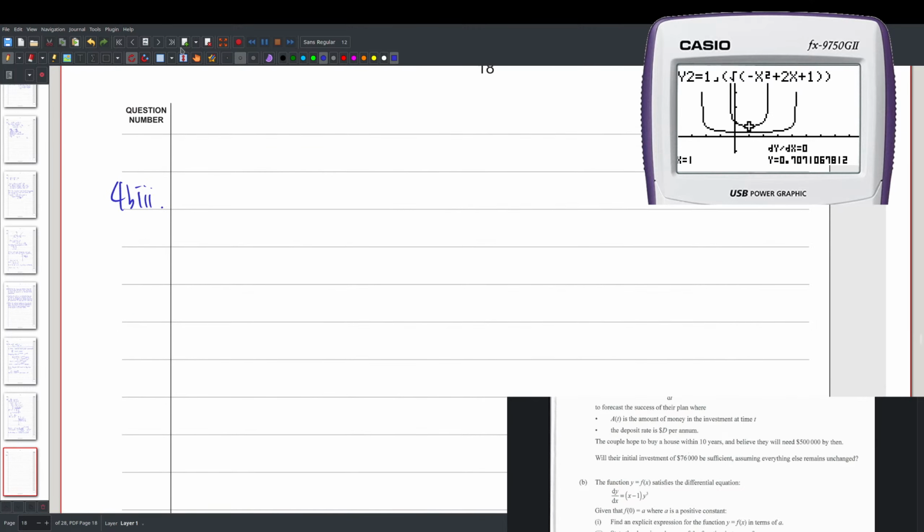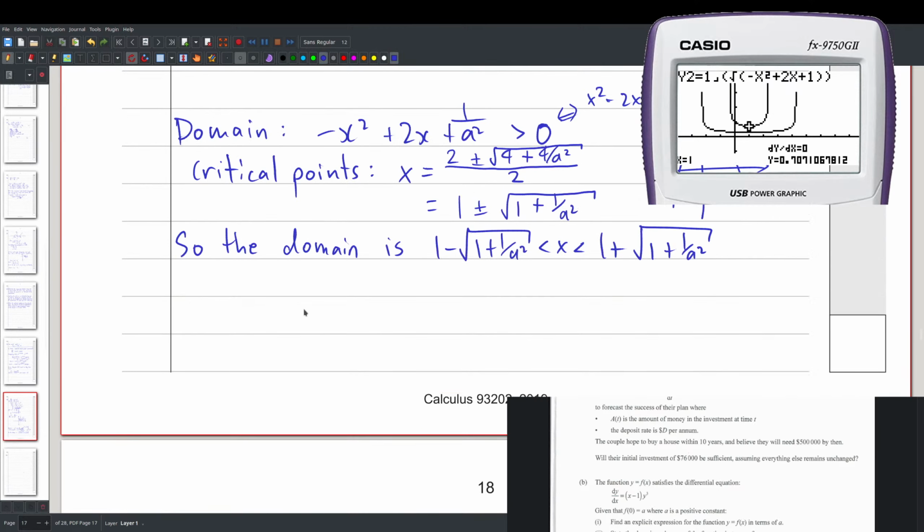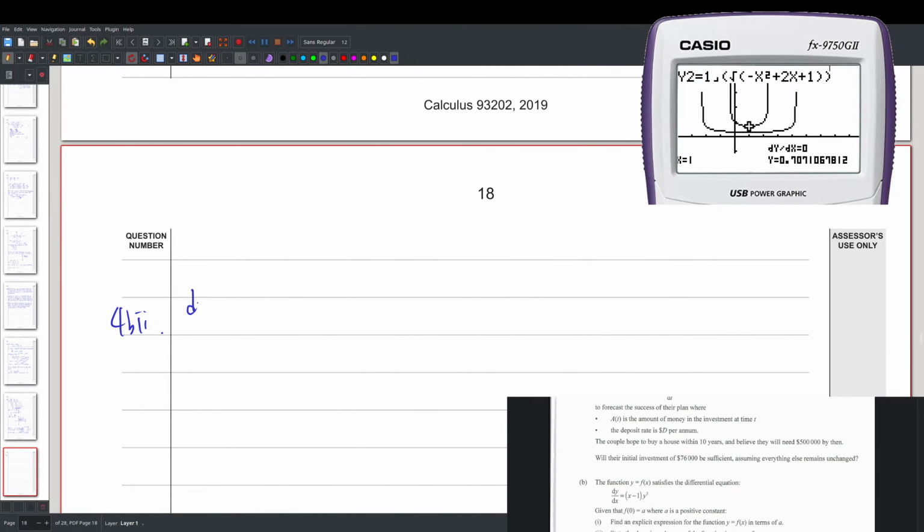The range. Oh, no, it still asks for the range. Okay. The range is, okay, so dy/dx equals 0 at x equals 1.